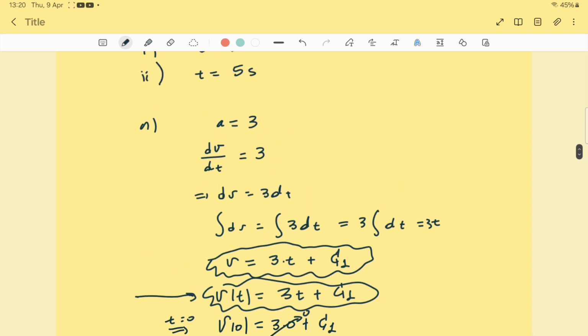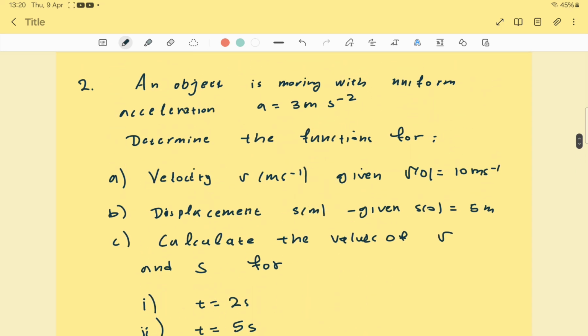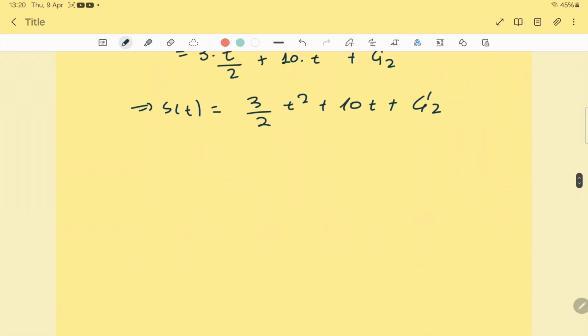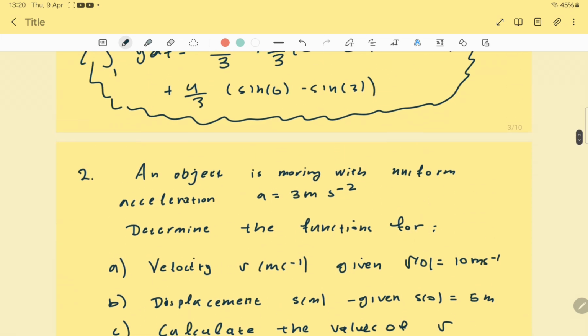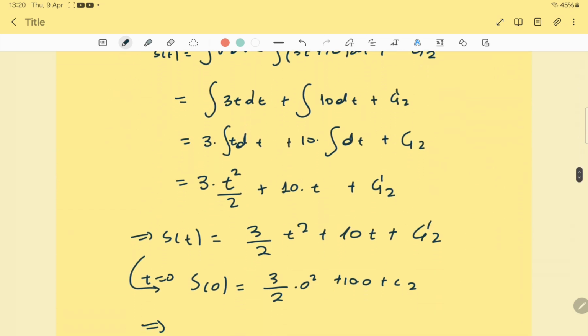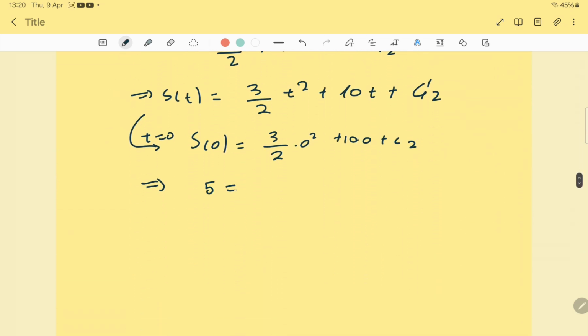And now I have to use the initial condition that s0 equals 5. So I put t equals 0 here, and I have s0 is 3 over 2 times 0 squared plus 10 times 0 plus c2. S0 is 5, and that is equal to c2, because the other terms vanish.